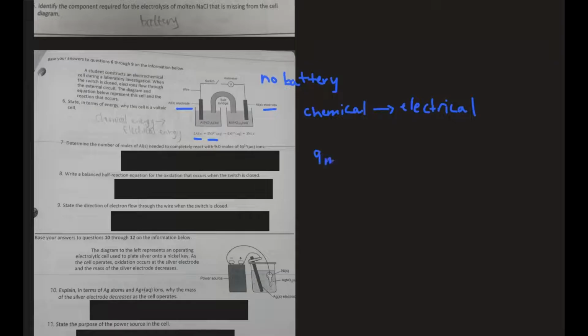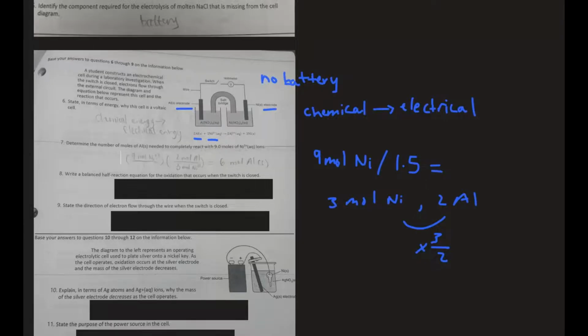So we have 9 moles of nickel, and if initially we had 3 moles of nickel, and this gave us 2 moles of aluminum, that is a 3 to 2, or 1.5 ratio, right? And so we can do the same thing here. It's just 9 divided by 1.5 equals, and that should give us, boom, 6.